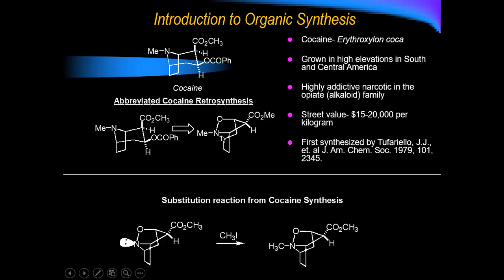And this precursor right here, how we get to it is actually a really simple nucleophile-electrophile reaction, where this nitrogen is going to attack methyl iodide and become methylated, right? So you think about this in terms of real life. This was actually synthesized in a lab by the Tufariello group back in 1979.